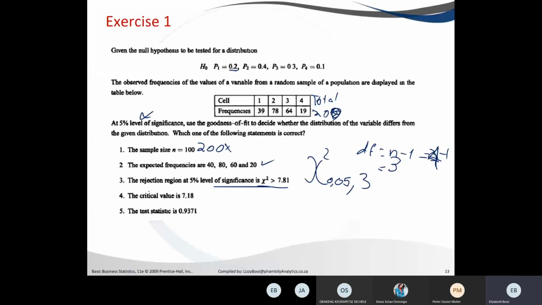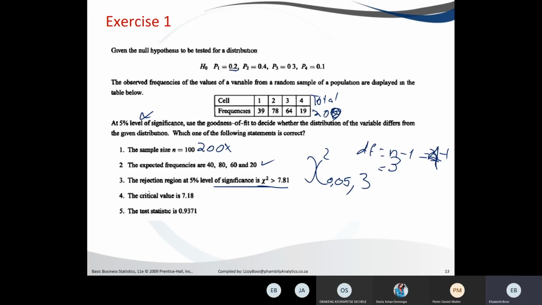And it says at 5% level of significance, the region of rejection at the alpha 5% level of significance is chi-square greater than 7.81.